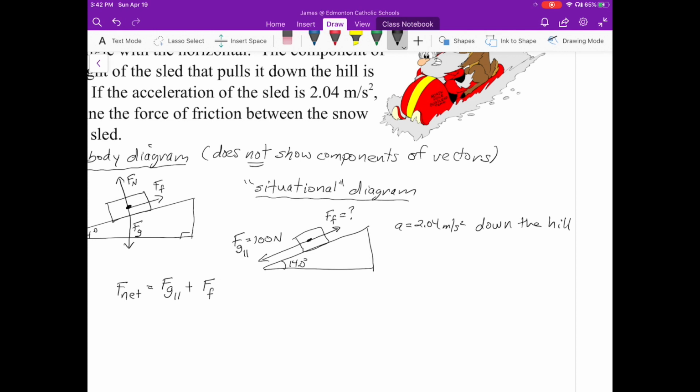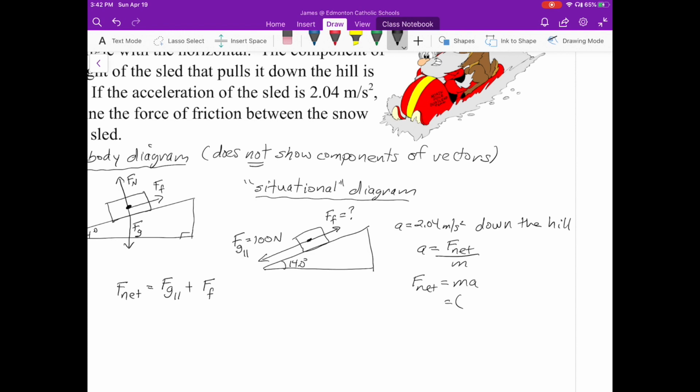We've got two forces acting on the sled, one down the hill, one up the hill, and our expression for the net force is the vector sum of those two forces. So we are given the acceleration, and we also know the mass, and we know from Newton's second law, acceleration is net force divided by mass, so net force is mass times acceleration.